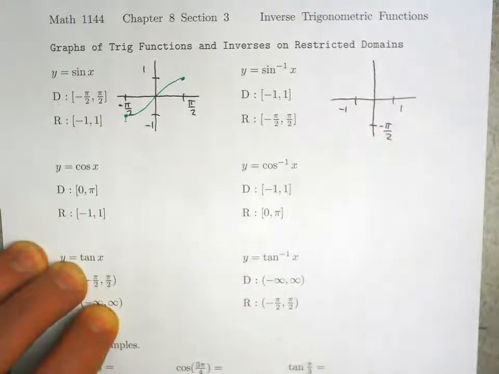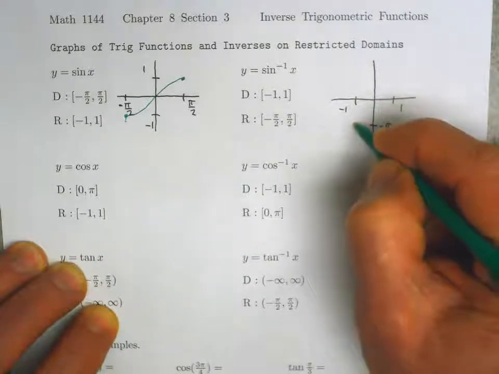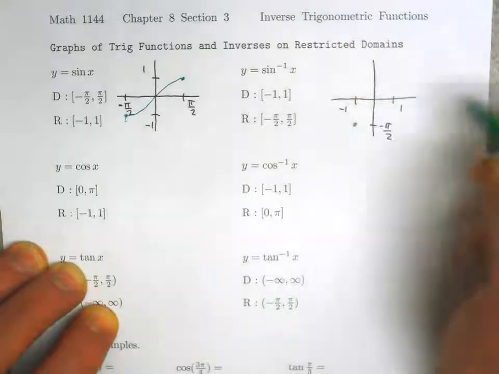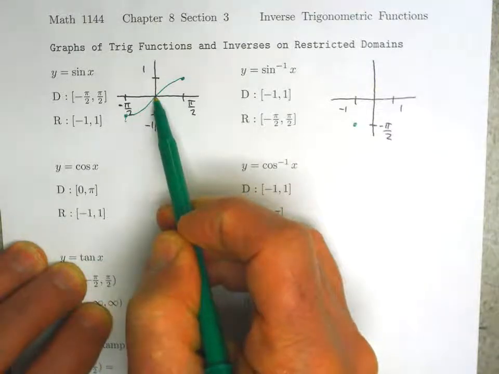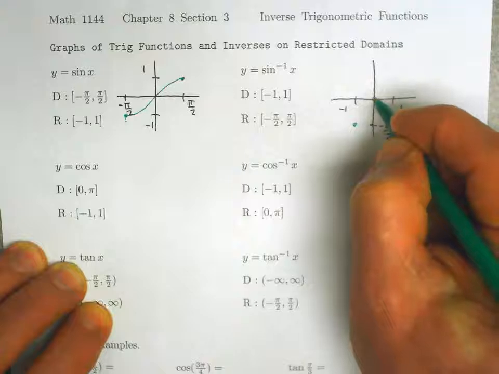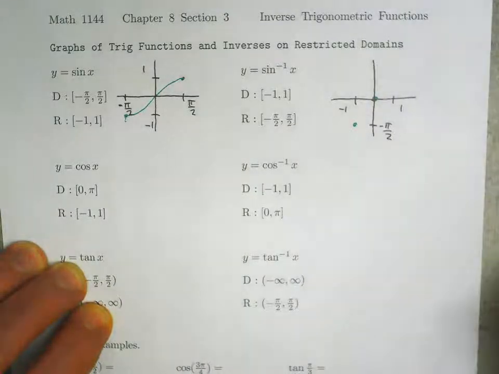And we'll have the ordered pair negative 1, negative pi over 2 on the graph of the inverse. The point 0, 0 is on the graph of y equals sine of x. So 0, 0 is also on the graph of inverse sine of x.